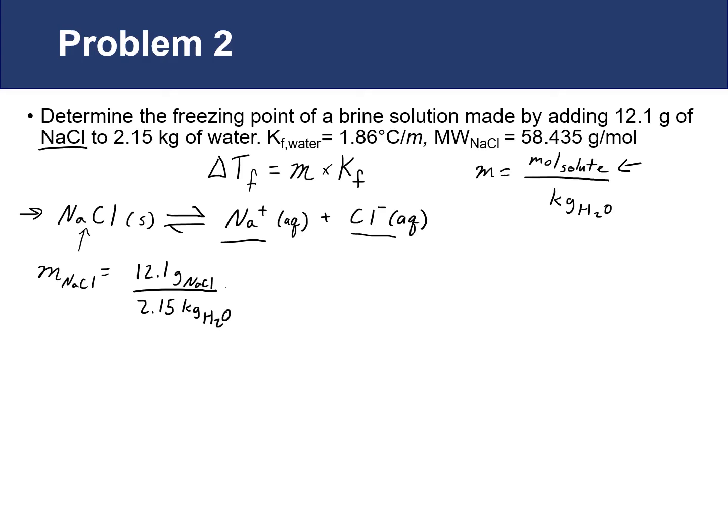Now we got to convert our sodium chloride into moles. 1 mole of sodium chloride is 58.435 grams of sodium chloride. Our grams of sodium chloride cancel out, leaving us with moles of sodium chloride.